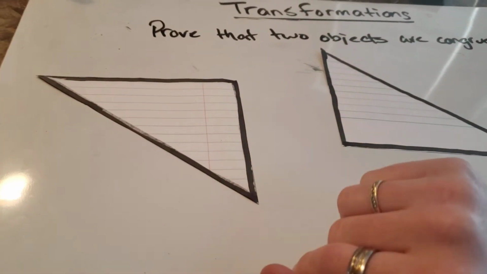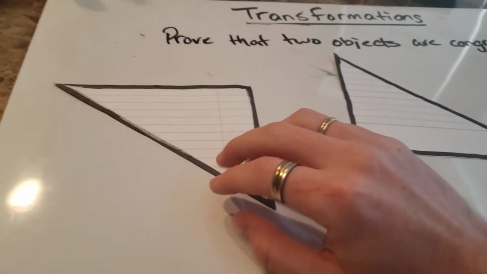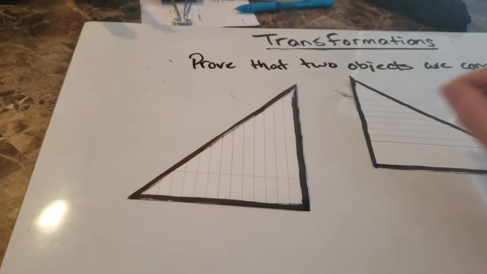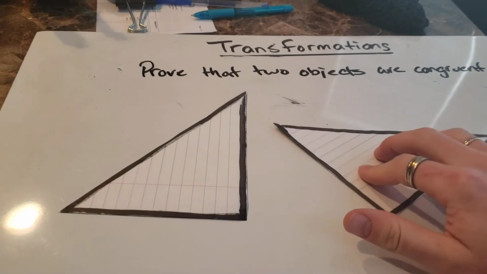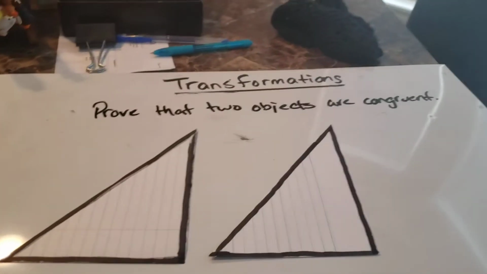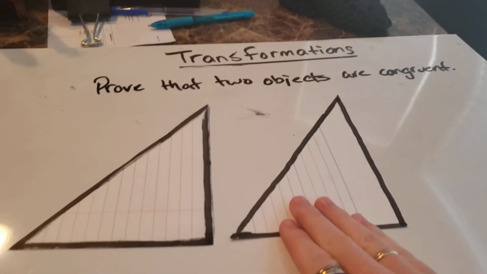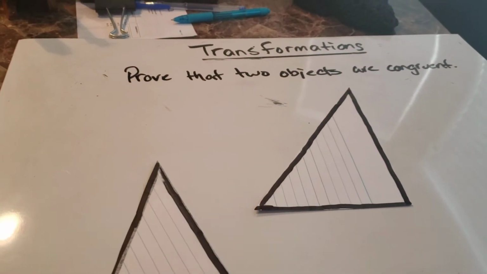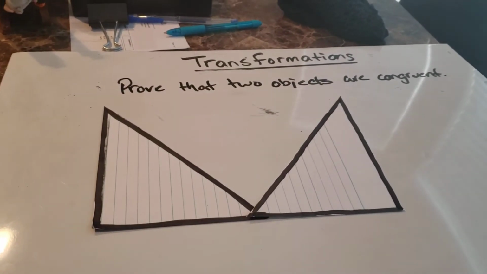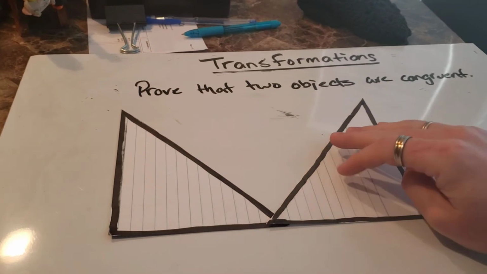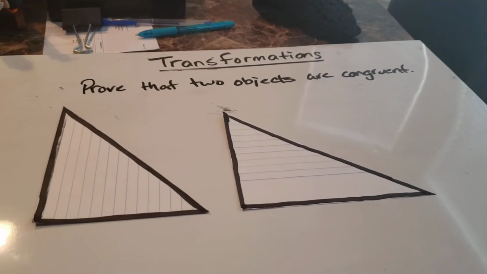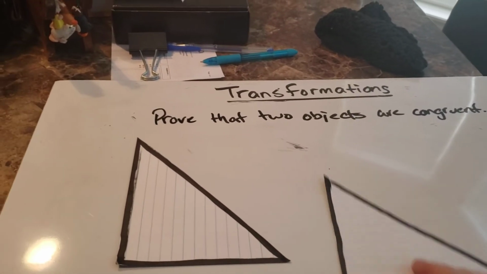Another thing we could potentially do is turn our shapes. Now they look like they're in the same relative position. And then we could try to maybe flip one, right? That didn't look like it did as much. So maybe let's try turning this one, and then let's maybe try sliding it over.